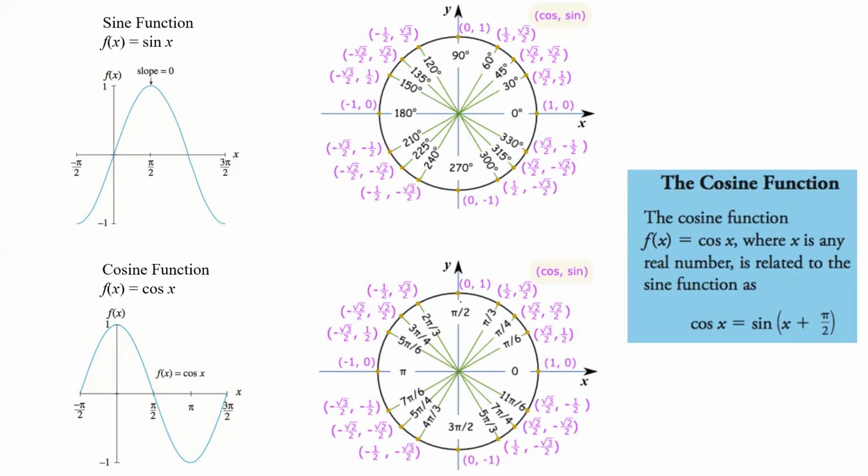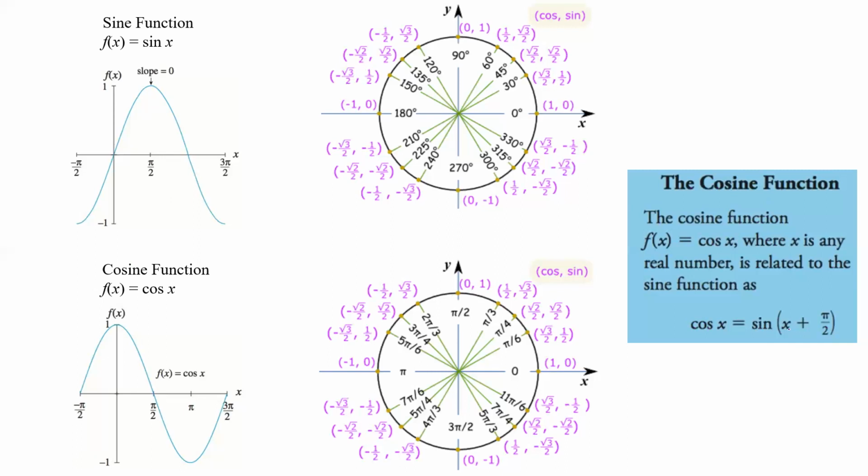At pi over 2, we get 0 for cosine and 1 for sine. As you can see, the curves are about pi over 2 units away from each other. So we can say the cosine function, f of x equals cosine of x, where x again is any real number, is related to the sine function through this notation.